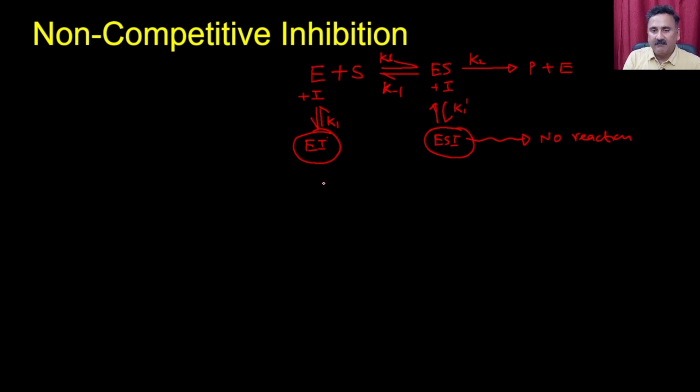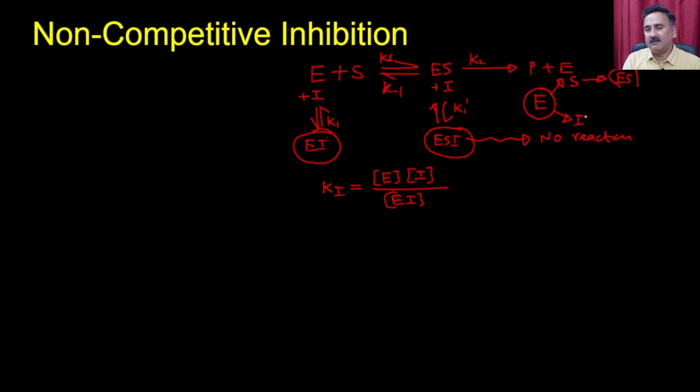So again we will write the reaction for the Ki: the enzyme is fractionating into the enzyme-substrate complex, the enzyme-inhibitor complex, and the enzyme-substrate-inhibitor complex.